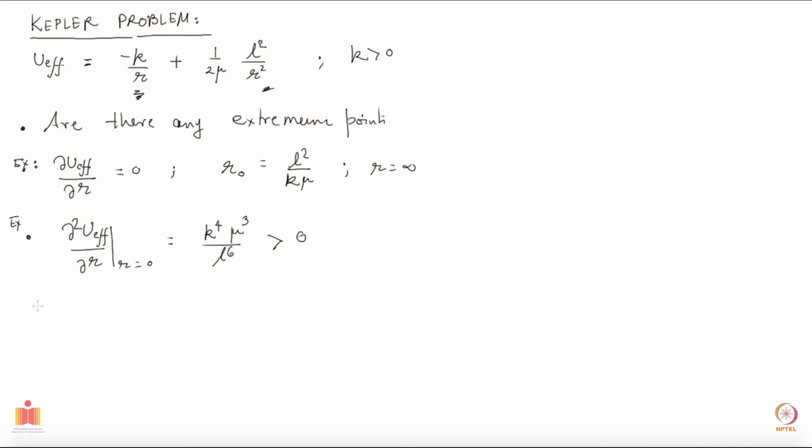In this derivation I have taken L to be non-zero. So for L not equal to 0, there is only one local extremum, which is a minimum.